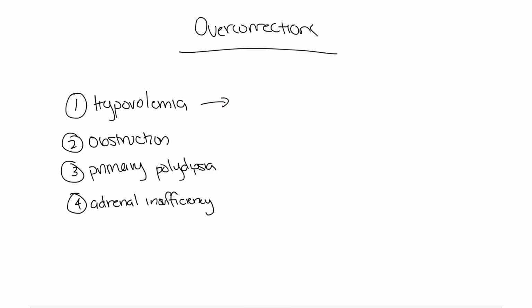Why is that? When we give fluid, ADH turns off really quickly and we start peeing really dilute urine. So we start dumping clear urine and you run into trouble really quickly. Obstruction. The kidneys were always trying to do the right thing, so the moment you put a Foley in, they start peeing dilute urine. Primary polydipsia, again, same thing. The kidneys were always peeing dilute urine.